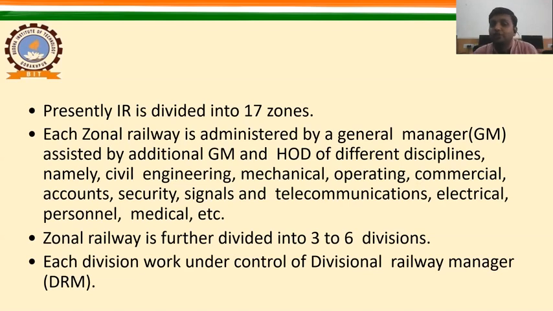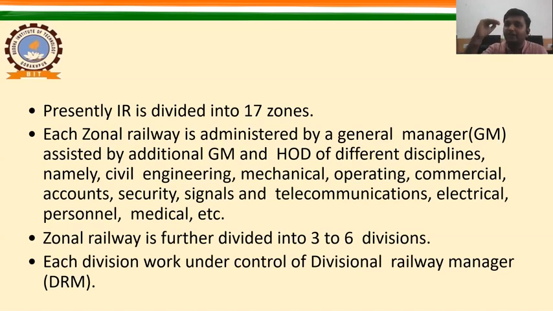Each zone is administered by a general manager, assisted by an additional general manager and HODs of different disciplines, namely civil engineering, mechanical, operating, commercial, accounts, security, signals, telecommunication, electrical, personnel, medical, etc. So it starts like this: railway minister, then Railway Board, chairman of the Railway Board, financial commissioner, and 5 other members.